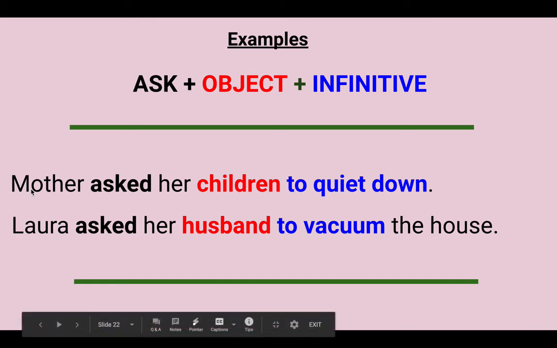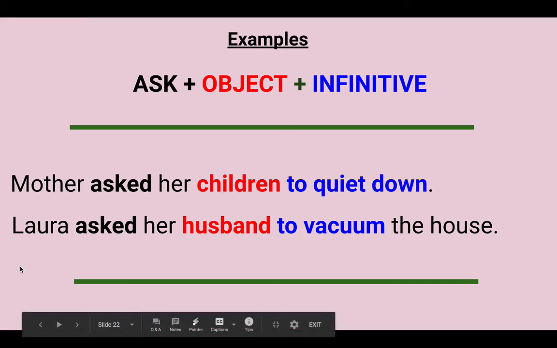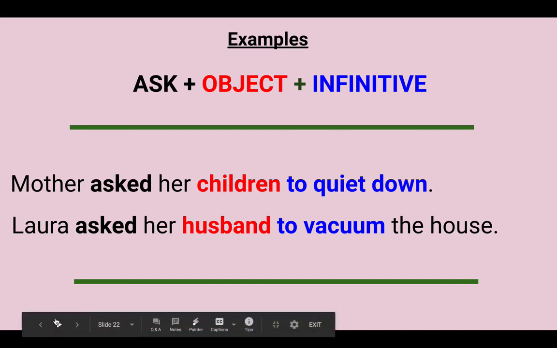So mother didn't quiet down, but she caused her children to quiet down. So that's the causative aspect. And Laura did not vacuum the house, but she caused her husband to do it by asking him. And the same grammatical pattern, we have the causative verb ask plus the object, children and husband, and the infinitive form of the verb that follows the object, to quiet down and to vacuum.